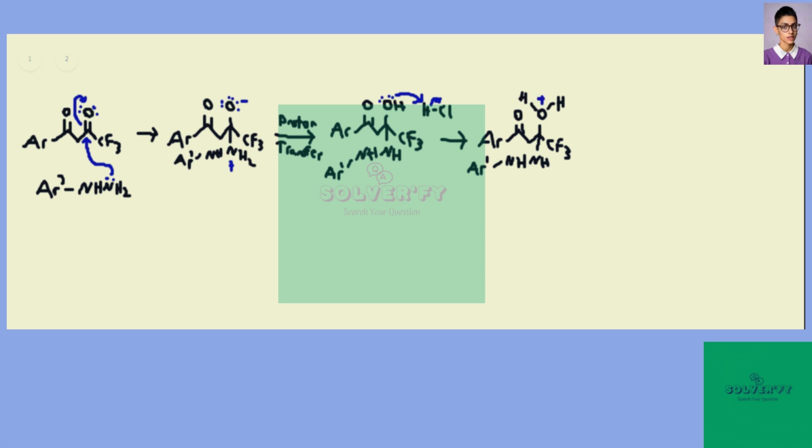So this oxygen now only has 1 lone pair, and it has 3 bonds, and so it has a positive charge. And so what can happen from here is the lone pair on this nitrogen can attack here to form a double bond, and this water is willing to leave. It's a good leaving group now that it's protonated, now that the alcohol is protonated. And so when that happens, we get to here.